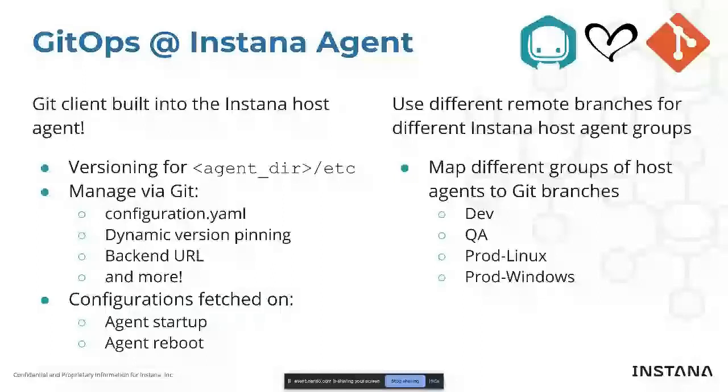But there is something called dynamic version pinning that provides an excellent trade-off between stability, controllability, and the capacity of updating to the latest and greatest version and enjoying the latest new features and bug fixes. Today, to change the version that the Instana agent should use, you need to change one file on the machine where the agent lives.